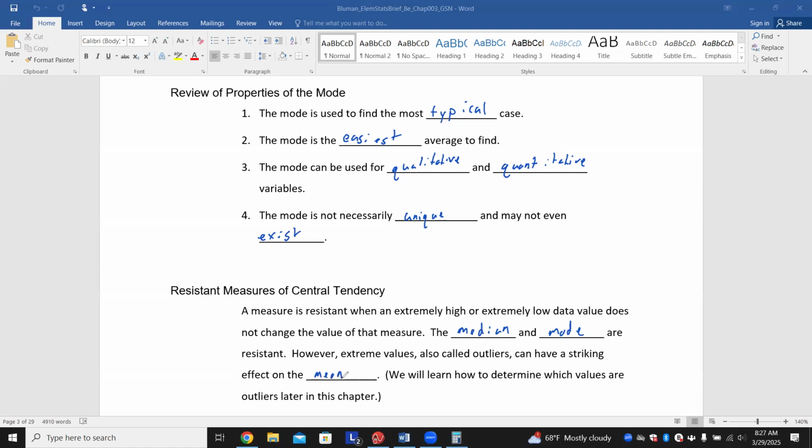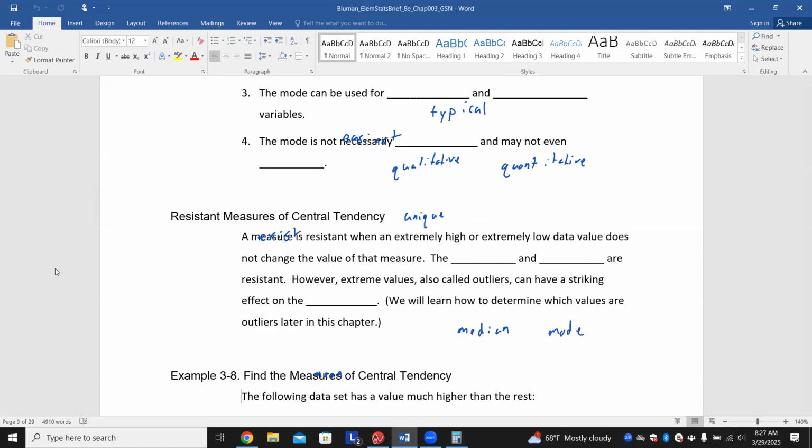So the mean can be highly affected by an extremely high or extremely low number since we're adding them all up. We'll learn how to determine which values are outliers in a later chapter. Sometimes people just like to look at it and say it has to be an outlier, but there is a mathematical process to determine whether that data value falls outside the outlier range.